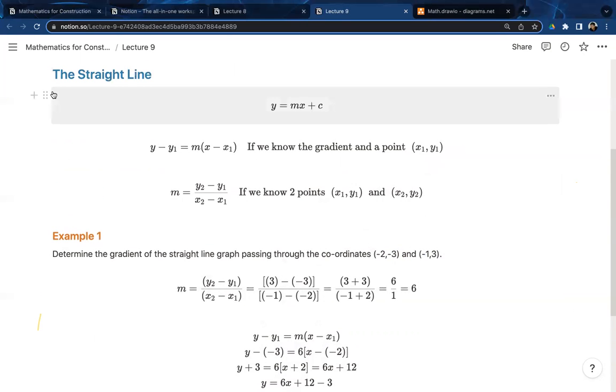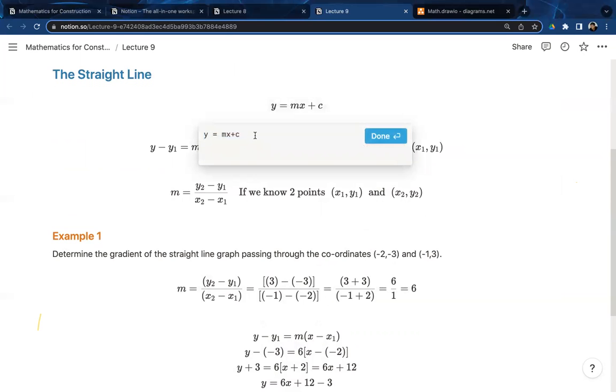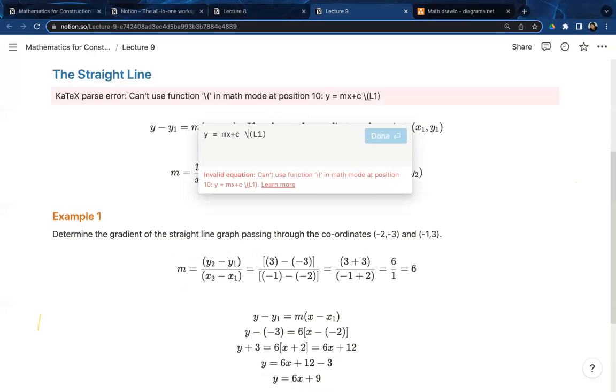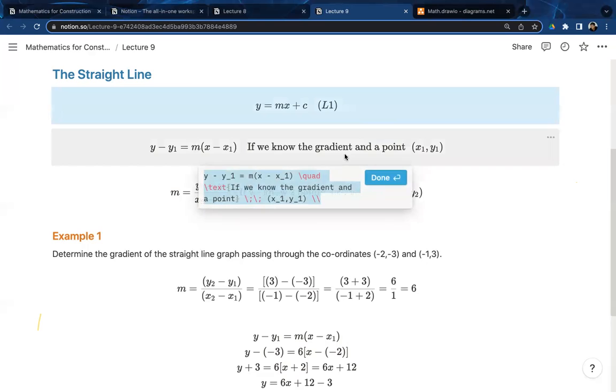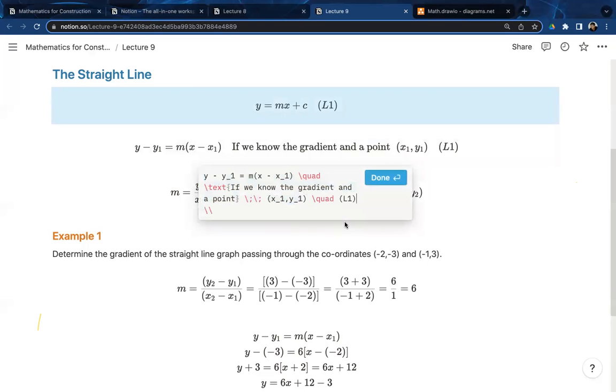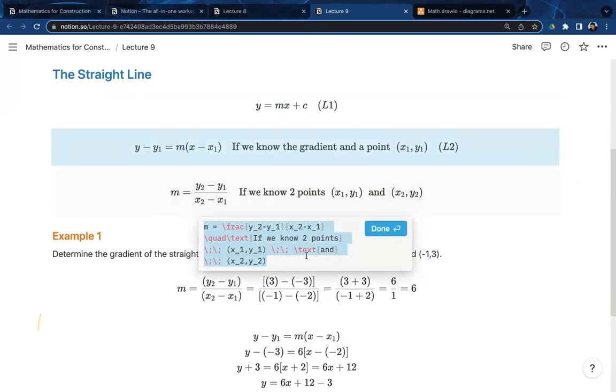Right? So we could label these things, you know, we could call this L1, this could be L2, you know, this could be L3.